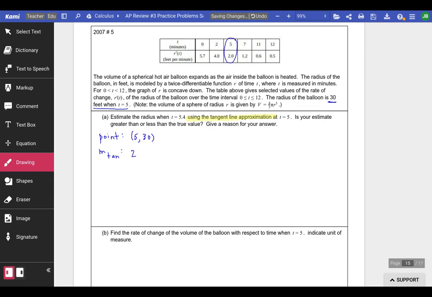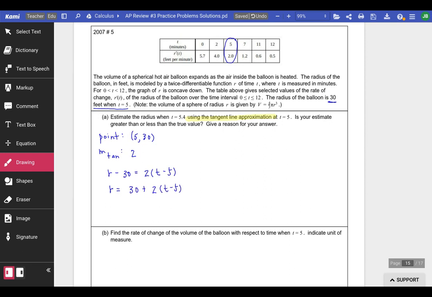So using that, I can write the equation of my tangent line. I'm going to use the variables that are in the problem. I have r minus 30 equals 2 times t minus 5. And I can rearrange that to be 30 plus 2 times t minus 5.